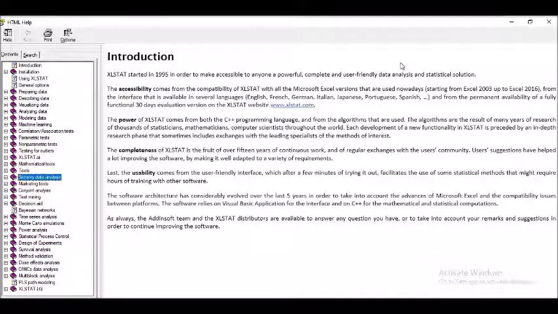So XLSTAT started in 1995, and it's a very powerful, complete, and user-friendly data analysis and statistical solution. Accessibility, how you can take care of it, power of this, completeness. So the highlights of these things are very important from the perspective of the software also side by side.